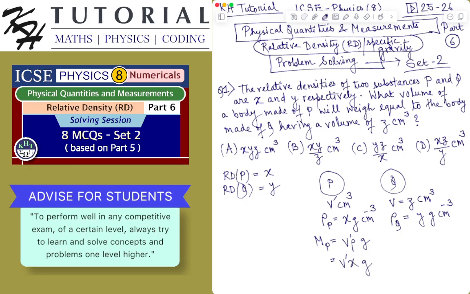And what is the mass of the body made of Q? If we denote the mass of the body of Q as MQ, it will be V into rho Q. V is given to be Z, and rho Q is Y. So ZY gram.